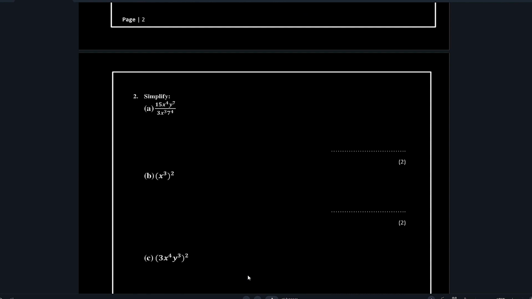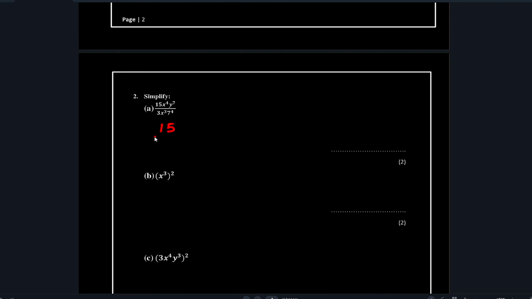So in order to do this, remember there is no addition or subtraction at the numerator and denominator. So therefore, we are going to cancel those variables or quantities which are the same. For instance, we can cancel 15 and 3 because they are divisible. We can cancel out x power 4 and x power 3. And we are also going to cancel y power 7 and y power 4.